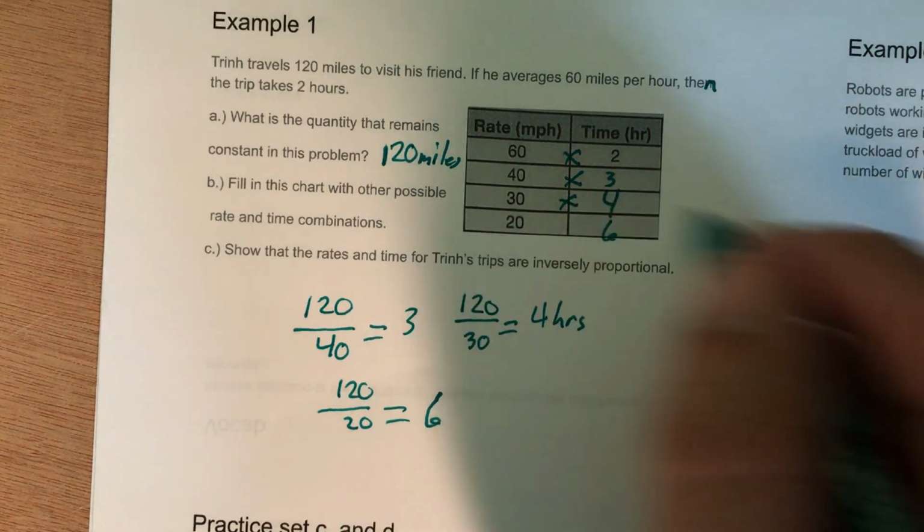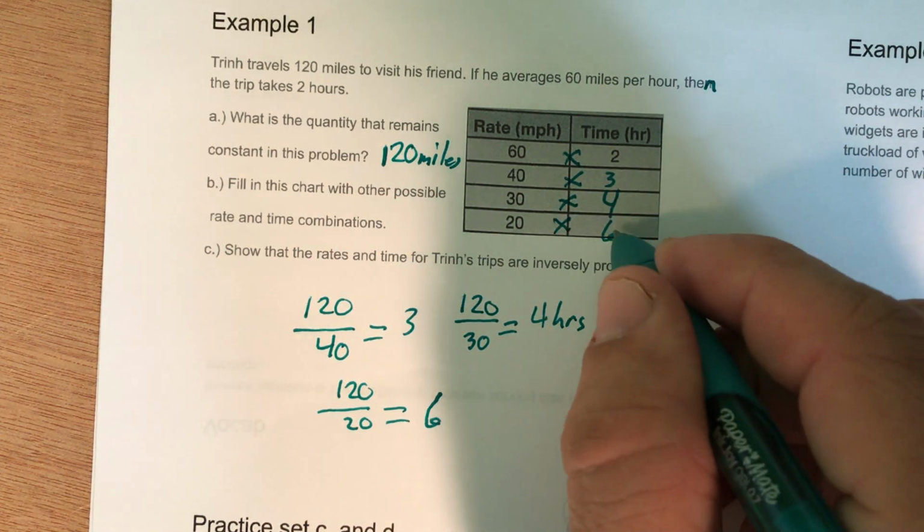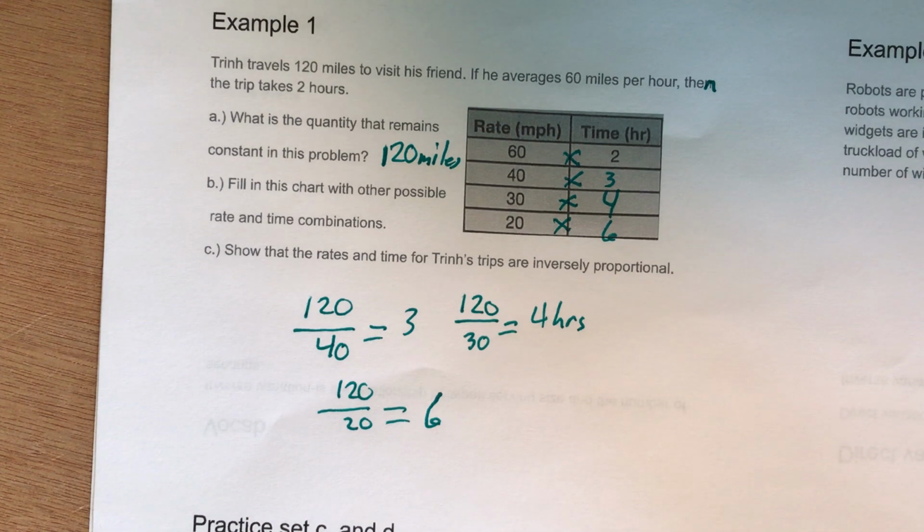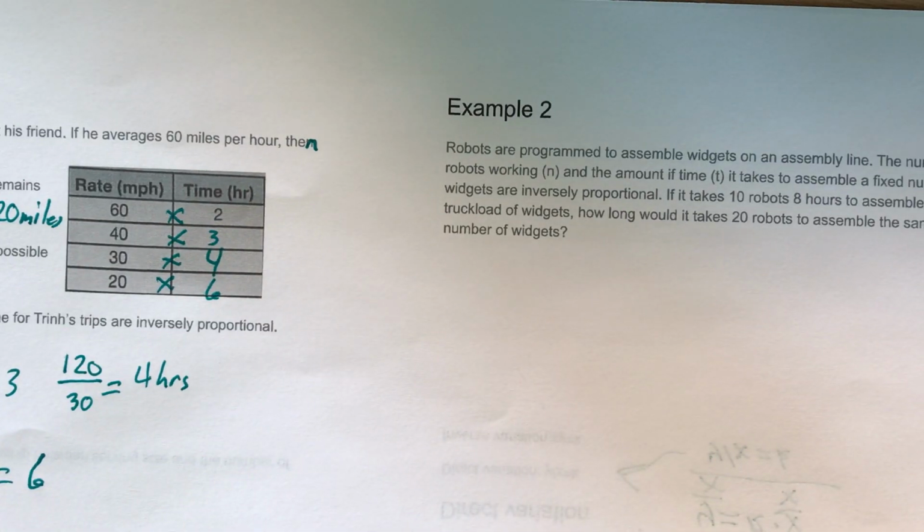Multiply here, you're still going to get 120. Multiply by this, you're still going to get 120. And we could show that. I explained it better than I wrote it down. But that's basically doing the inverse, by using what we already know to go backwards to figure out how far we actually traveled.